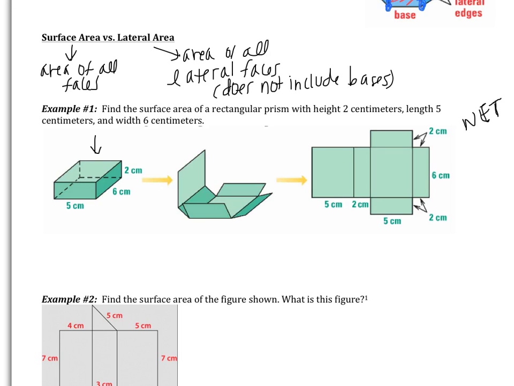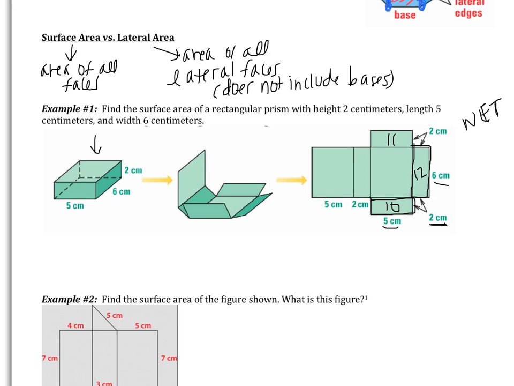So we need to find the surface area. The surface area is simply the area of all of the faces. So all we need to do is figure out the area of all of those rectangles. The rectangle all the way on the right, so this one, has dimensions 6 by 2, so it's going to have an area of 12. This rectangle is 5 by 2, so it's going to have an area of 10.